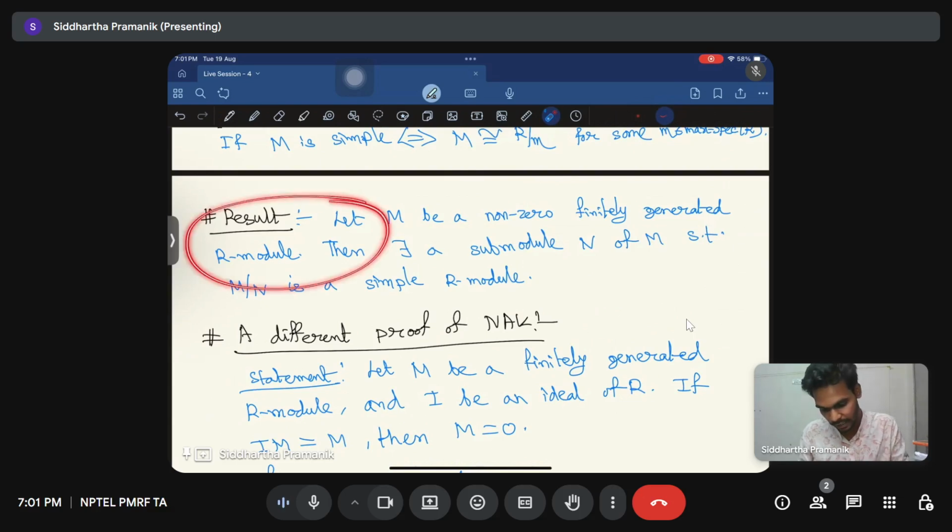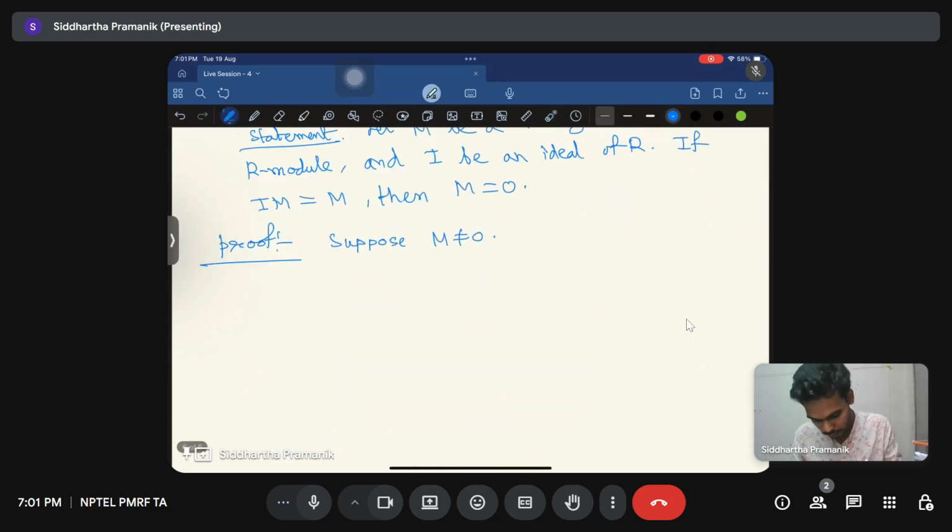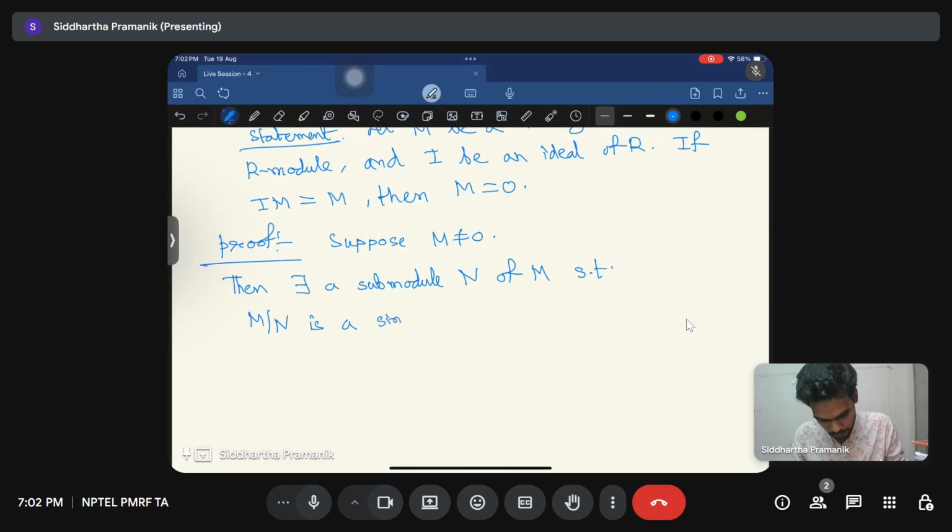So by this result, there exists a submodule N of M such that M mod N is a simple R module.